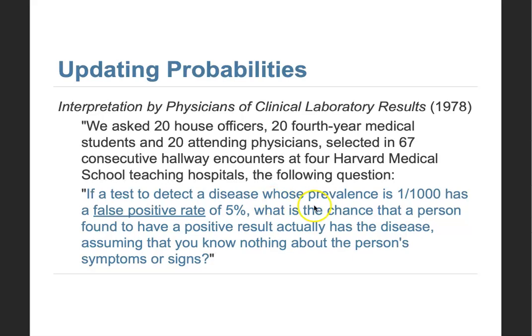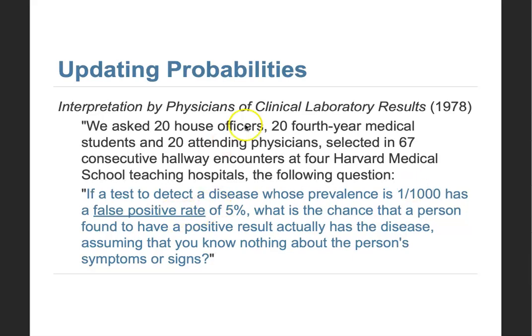Here we have a 1 out of 1,000 chance for that disease. So we can have 1,000 patients, but only one patient has that disease.